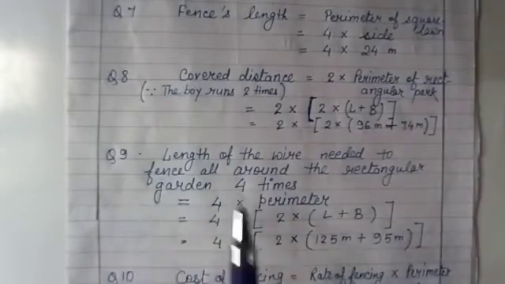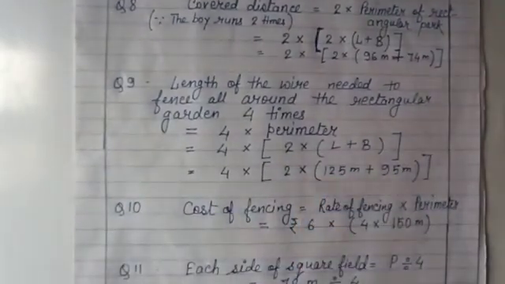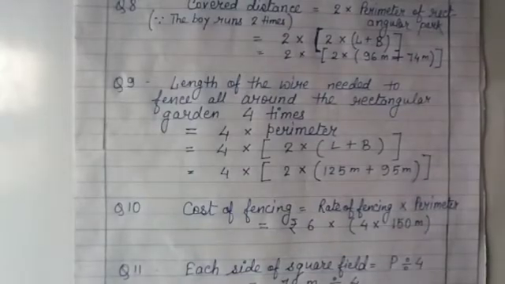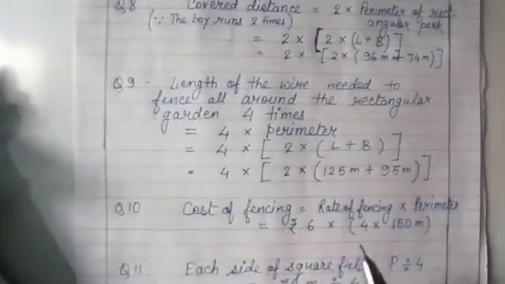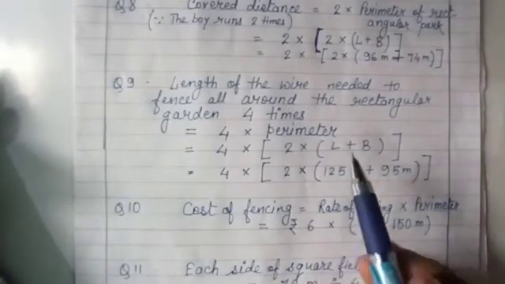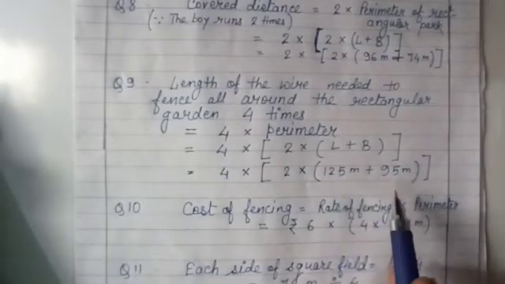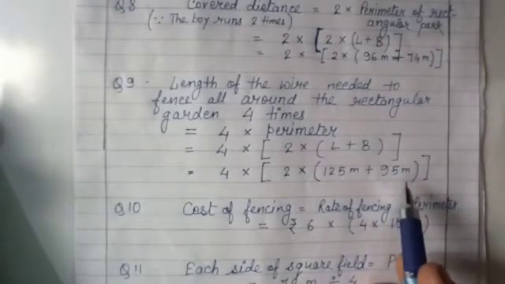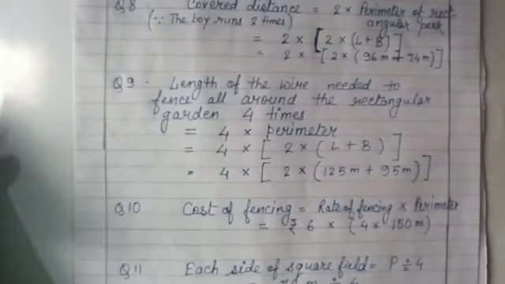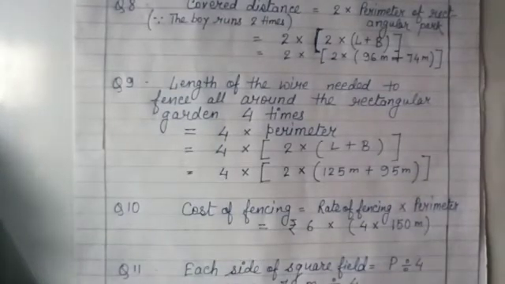Okay, now see question number 9. In your book, question number 9 says the length and breadth of a rectangular garden are 125 meters and 95 meters respectively. Find the length of the wire needed to fence all around the garden 4 times.